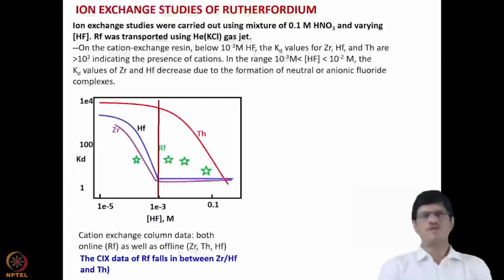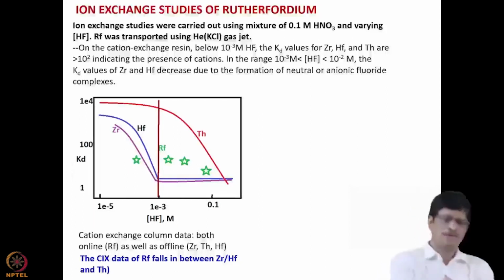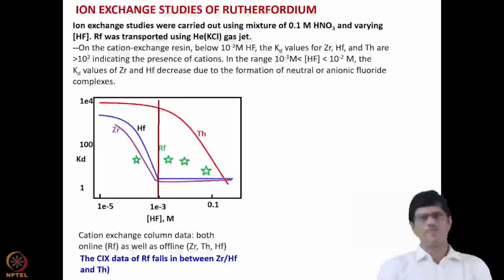But if you increase the HF concentration beyond 10 to the power minus 3, you find that these Kd values are dropping. As shown here, the comparison has been done between the uptake of zirconium, hafnium, thorium and rutherfordium using this cation exchange column.